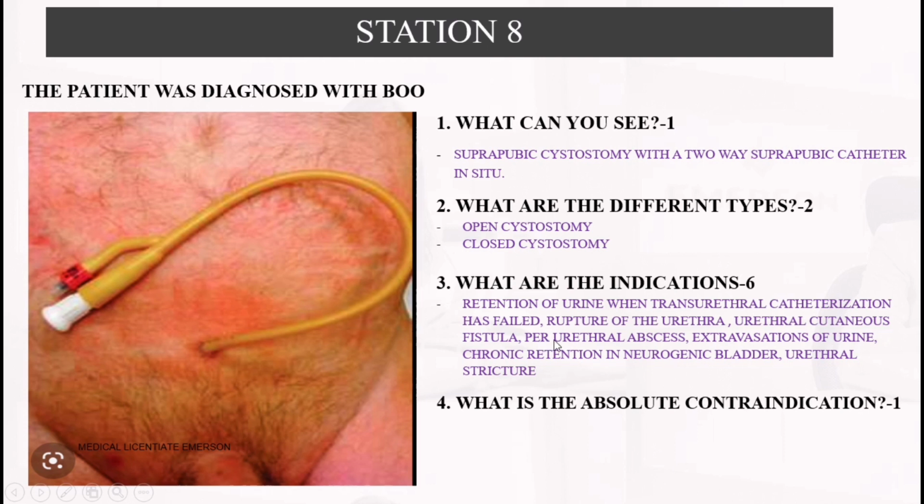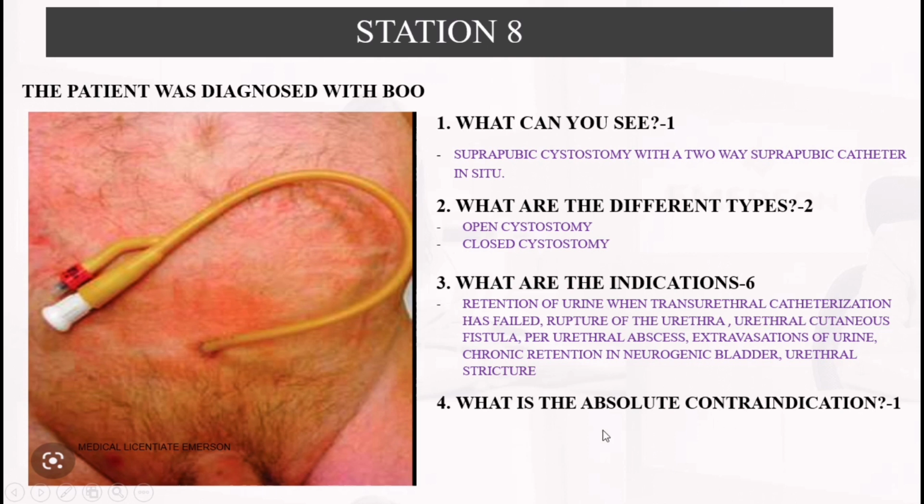The way I used to remember when I was a student, I just have to remember PAY. I just have to start with PAY. So I will mention periurethral stricture, periurethral abscess, periurethral cutaneous fistula, periurethral rupture. Then of course there's this one which I used to remember, retention of urine when transurethral catheterization has failed.